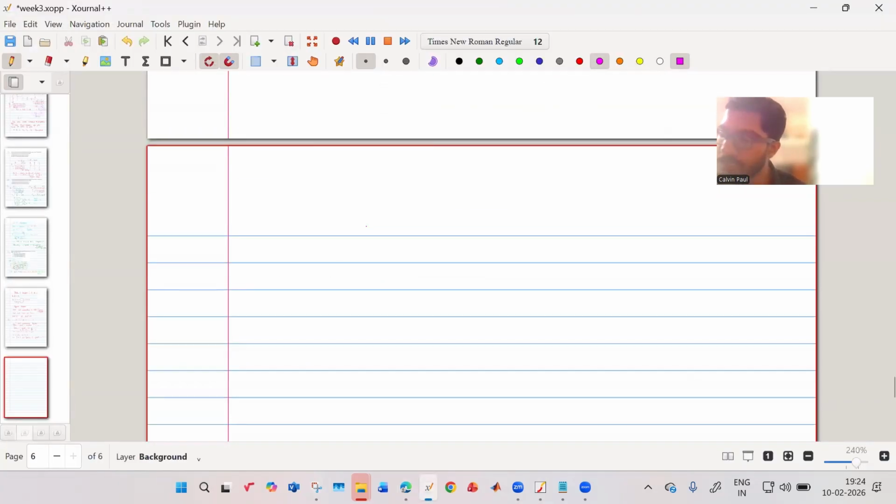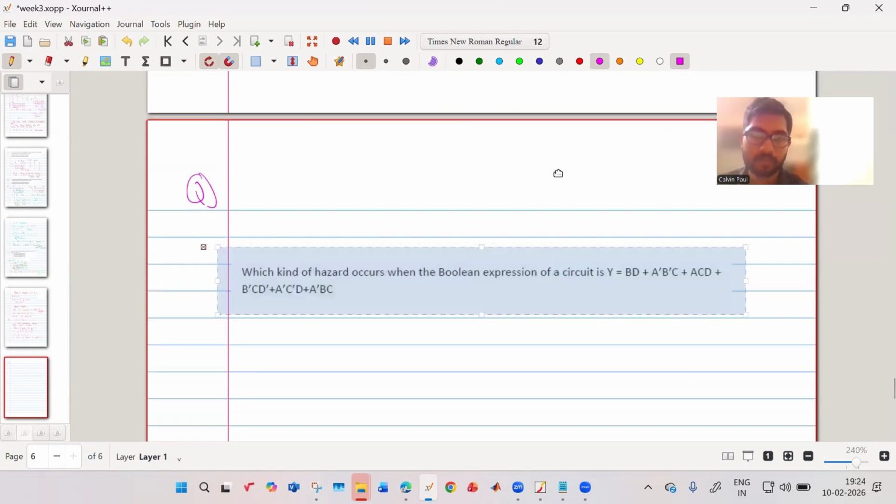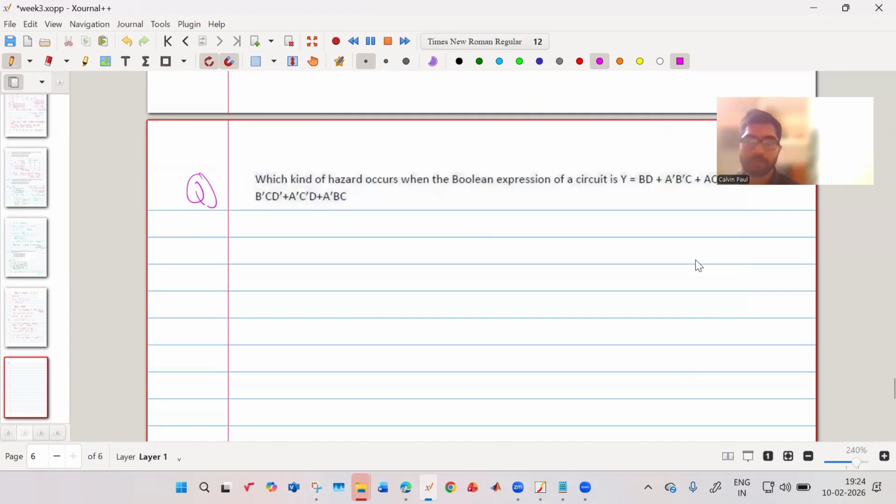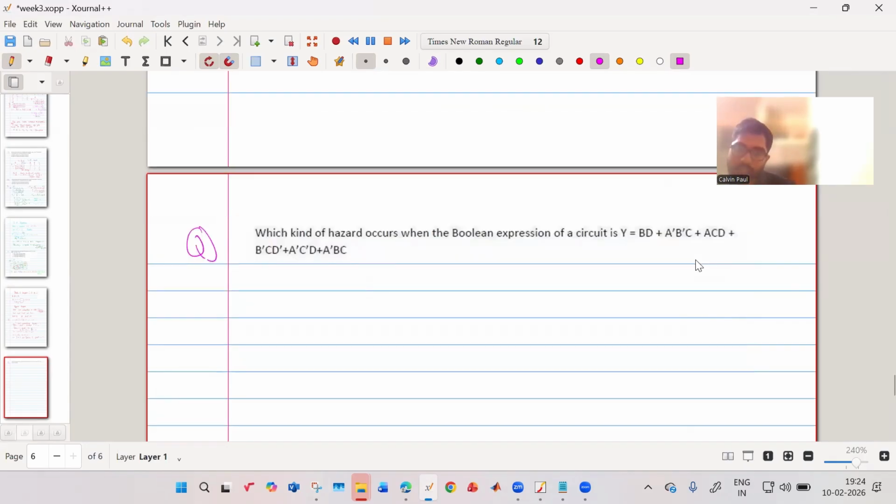Okay, let's see this question. Which kind of hazard occurs with this Boolean expression? What do you think is the hazard that is possible? We need to put it in a K-map, then only we can find out.